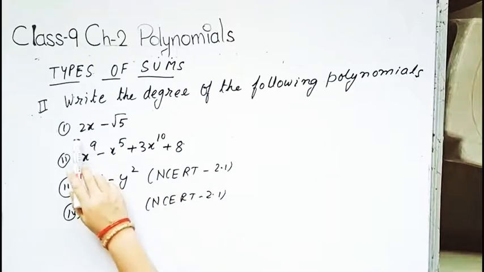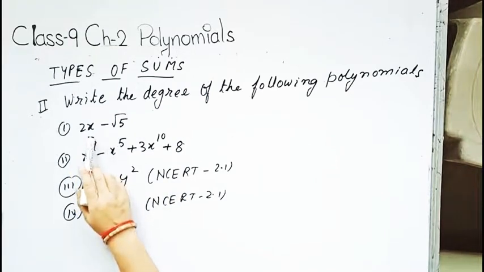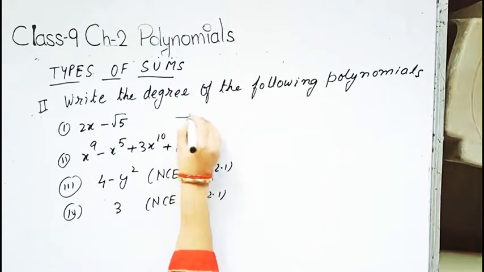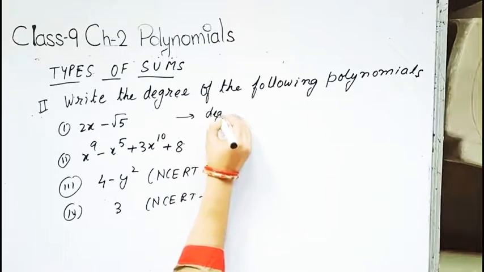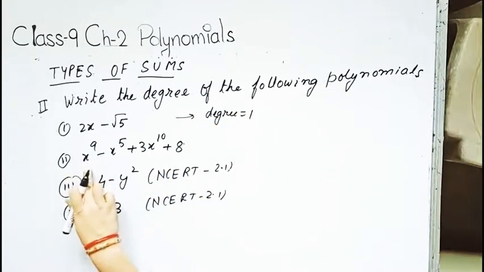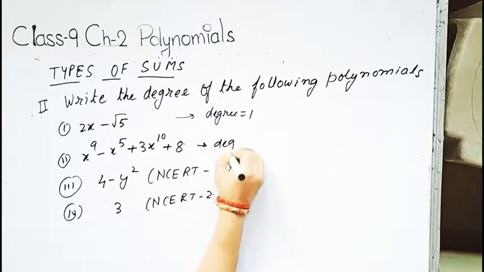So over here the first question which I have taken is 2x minus root 5. Obviously for its degree, we have to see the highest power of the variable. So the power of the variable over here is 1, over here 0. So the degree of this given polynomial is 1. Now in this the highest power is 10, so the degree of this polynomial is 10.